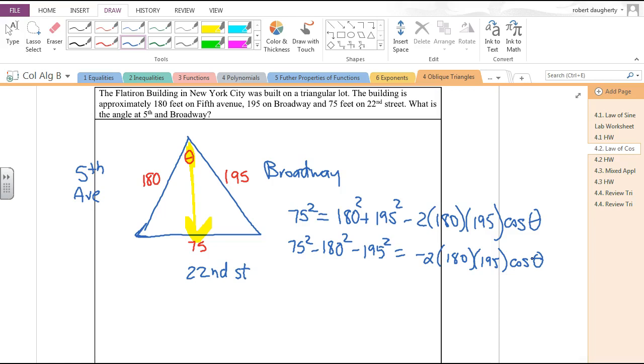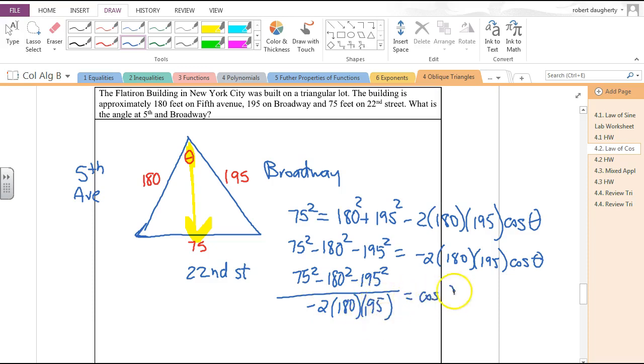I want to isolate cosine of theta. So this is 75 squared minus 180 squared minus 195 squared, all of that over negative 2 times 180 times 195. That is the cosine of the angle. So I will go to my calculator.